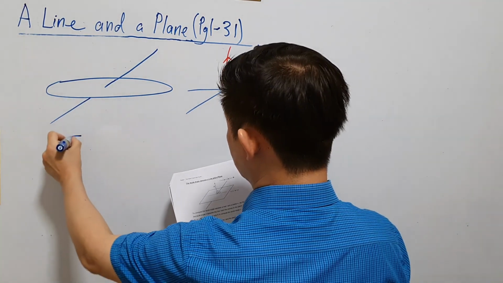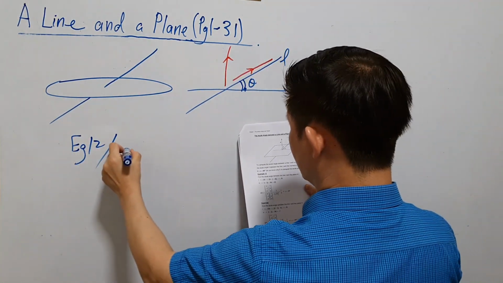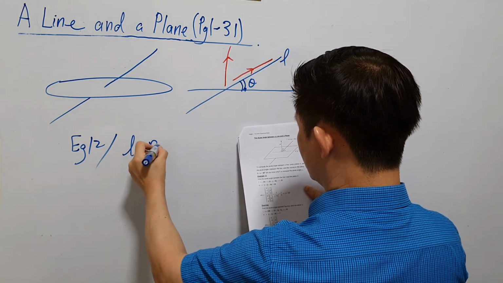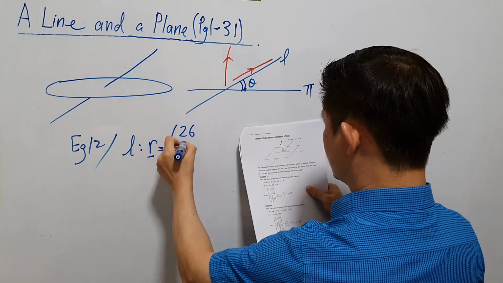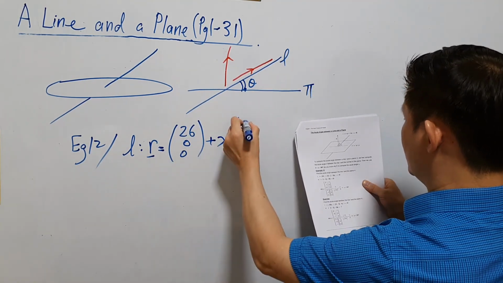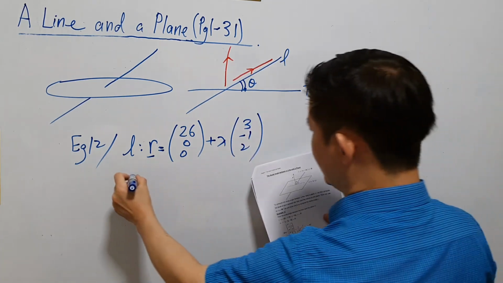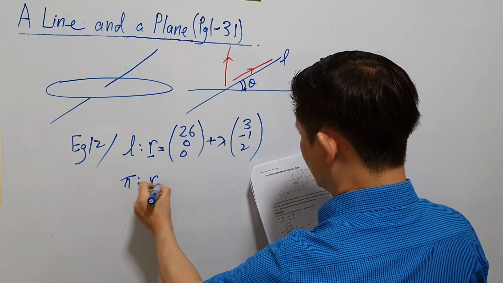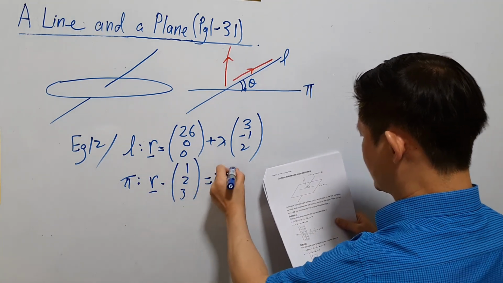Let me use example 12. In example 12, you have a line r equals (2, 6, 0) plus lambda of (3, -1, 2), and then a plane r dot (1, 2, 3) equals 26.